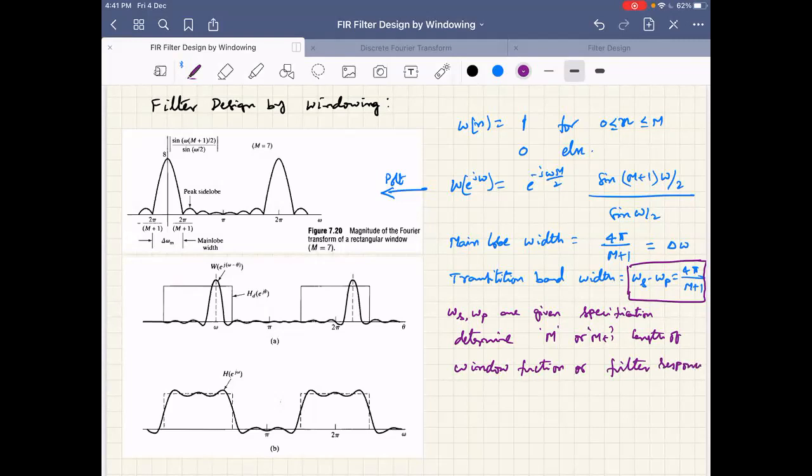So this relation is the key for identifying how much window length I should consider for designing a filter.